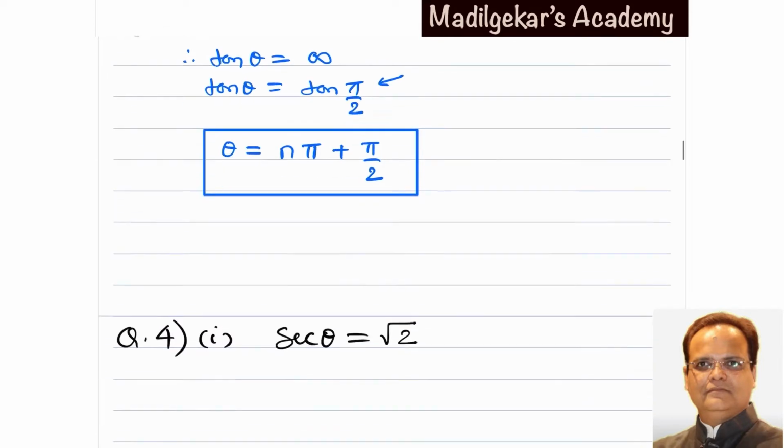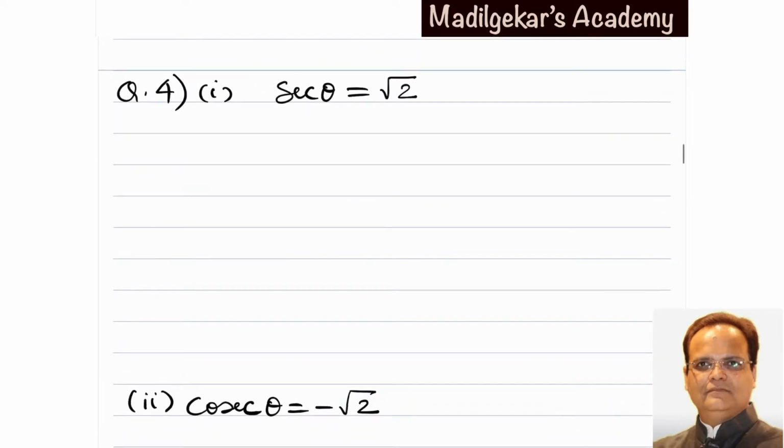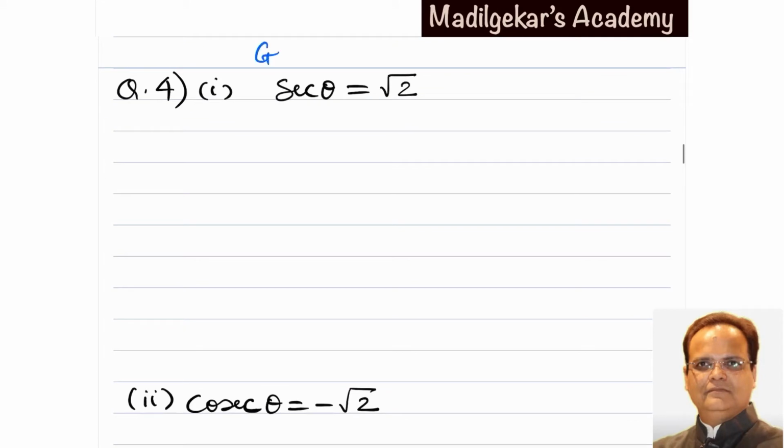Let's switch to question number 4. Here also we have to find general solutions. In the first bit, it is given that sec theta is root 2. You can convert it into cos. Cos theta is 1 by root 2. The smallest non-negative angle for which cos gives 1 by root 2 is pi by 4.